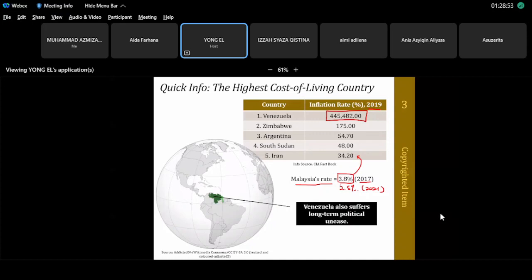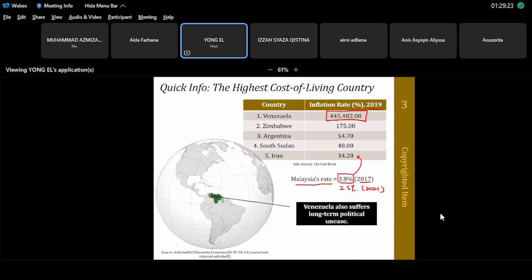However, for inflation, we need to understand that inflation cannot be too low. When the inflation rate is too low, that means the price level in the country seems to be too low. A too low price level is not a conducive environment for business to grow, because the objective of a firm is to maximize profit.